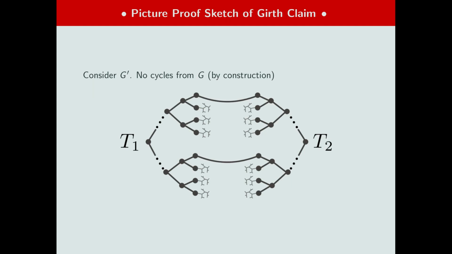The main idea is that there are only two types of cycles that we can create by adding these two trees. Recall that the vertices from G, the original graph, have no small cycles because we destroyed every single small cycle by removing those edges. But the trees might add some new cycles that could be small, so we have to show that that doesn't happen.